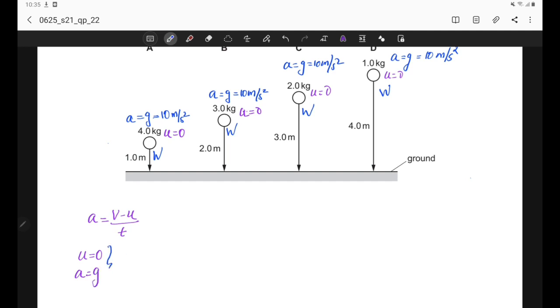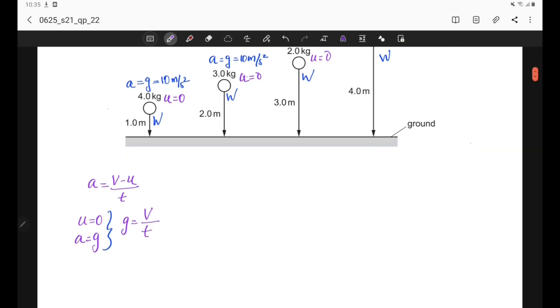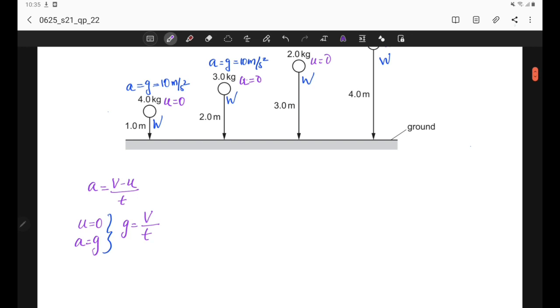So by using these two values, we can write the equation of acceleration: g for these balls will be equal to final velocity over time. Now we can make v the subject, because we have to calculate the average velocity.